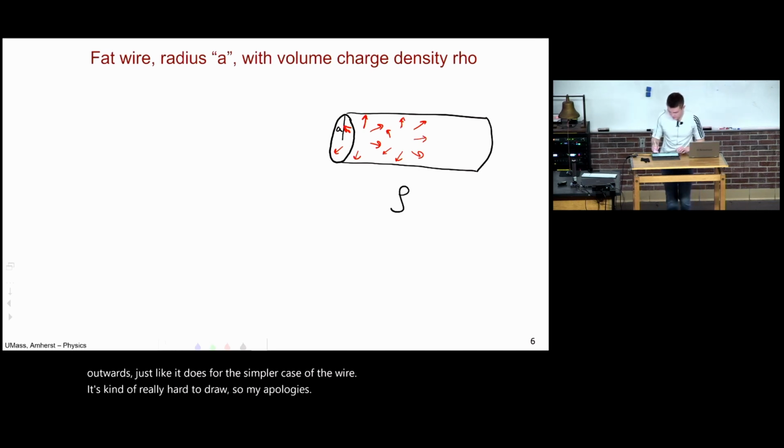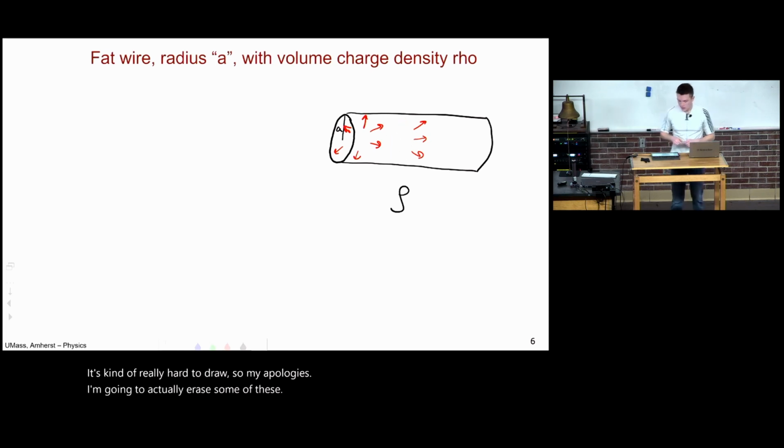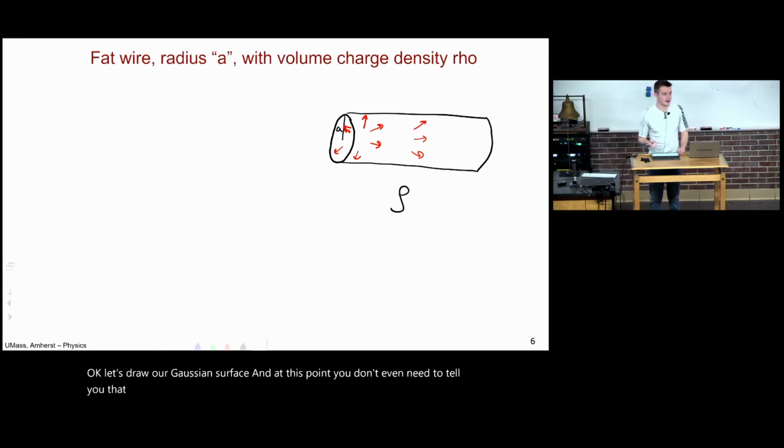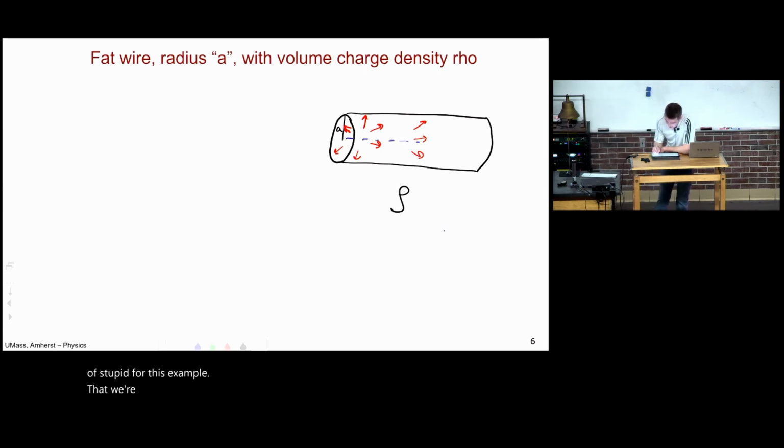I'm going to actually erase some of these. Okay, let's draw our Gaussian surface. And at this point, you don't even need me to tell you that you should pick a cylinder, because the sphere and the box are kind of stupid for this example. So we're going to pick a cylinder at general radius little r from the center.